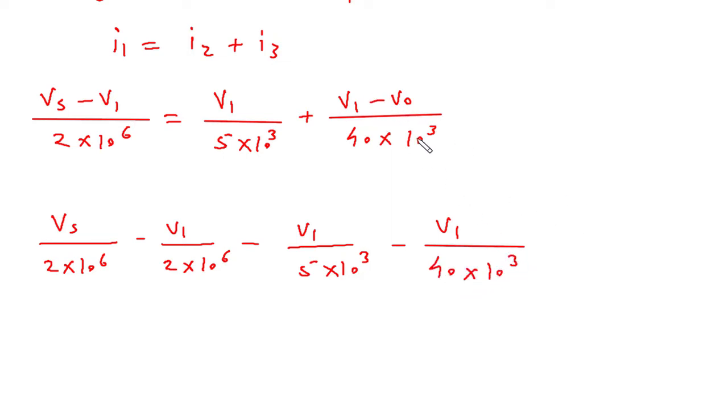Then when it goes on left side, this will be plus VO by 40 into 10 to the power 3 is equal to 0.